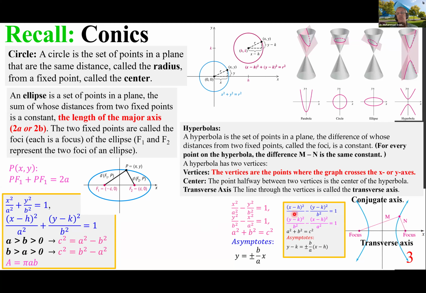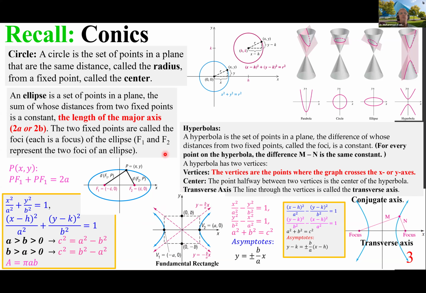Of course, if the center is at h and k, then the formulas change accordingly. And this is known as the fundamental rectangle. When you connect the diagonals, they give you the two asymptotes.